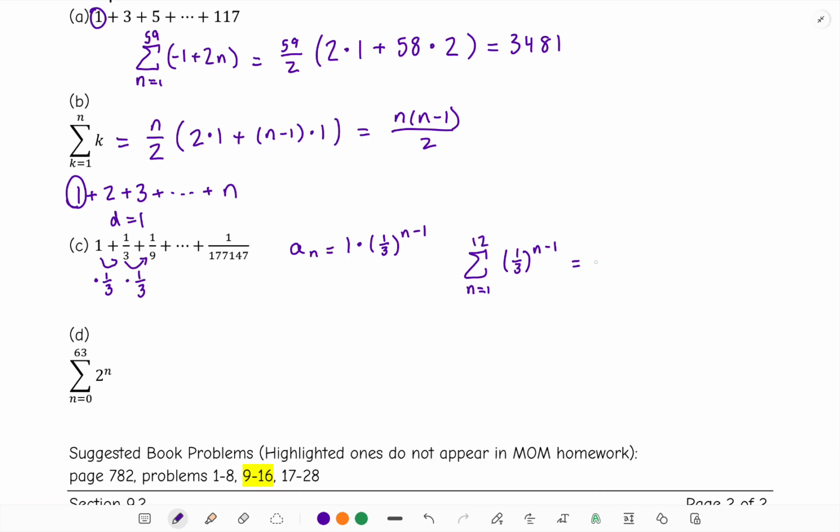This is geometric, so that'll be the first term, times 1 minus 1/3 to the 12th power over 1 minus 1/3. And if you calculate that out, you get 265,720 all over 177,147.